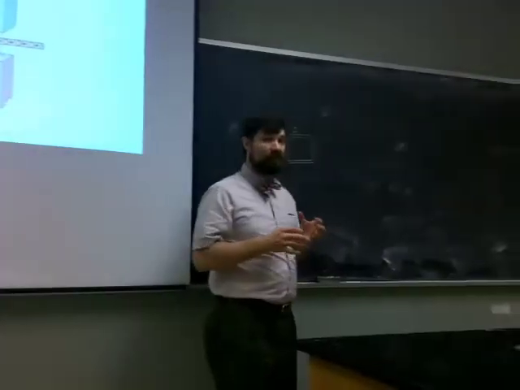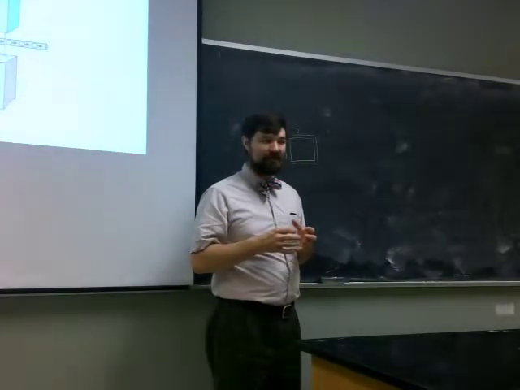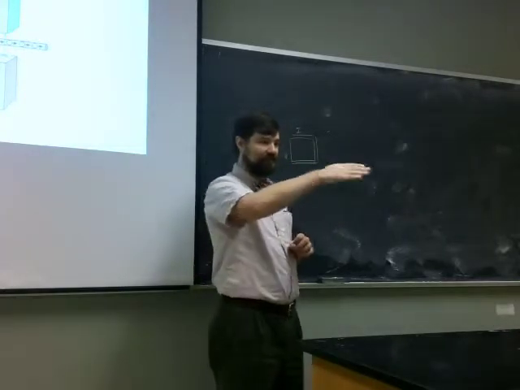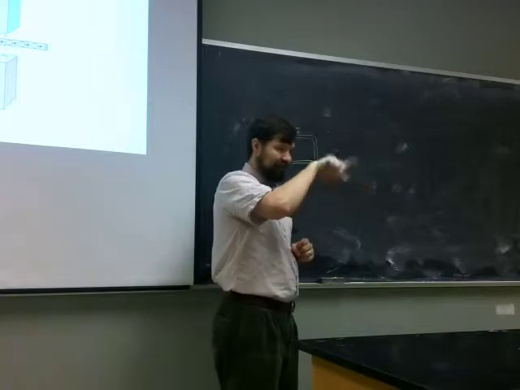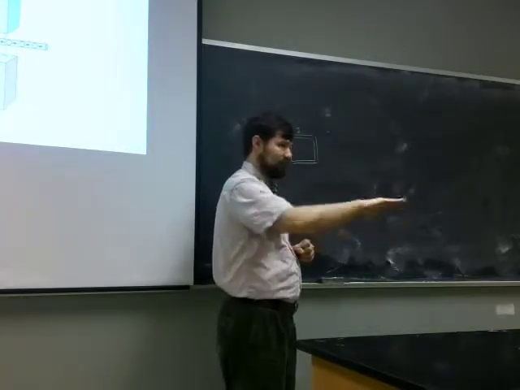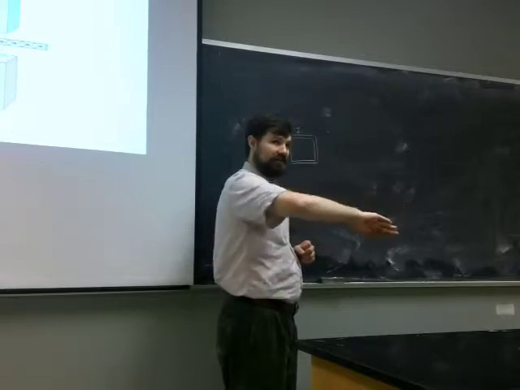Now there's one little thing, which is that if you just have a loop like this, then it's not going to want to spin around and around like this. It's actually going to want to do one of these. In other words, oscillate back and forth.